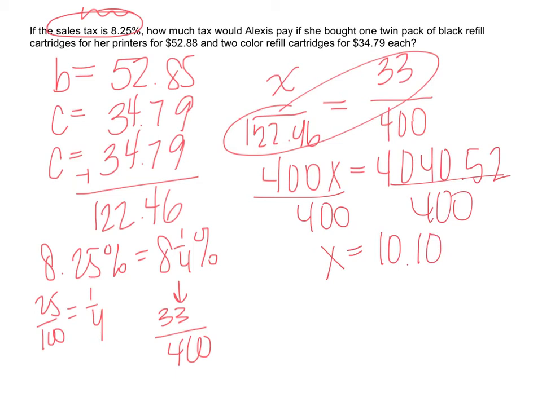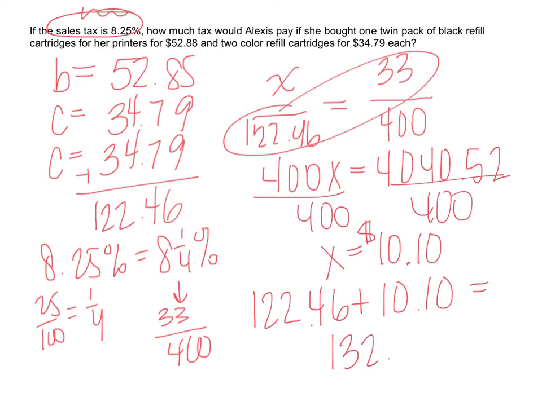Now we want to go to 2 decimal places because we're talking about money. There's my sales tax. Now if I want to think about what am I actually going to pay the cashier, I need to do my total and my sales tax. So I'm going to add those two together, and my total bill is going to be $132.56.